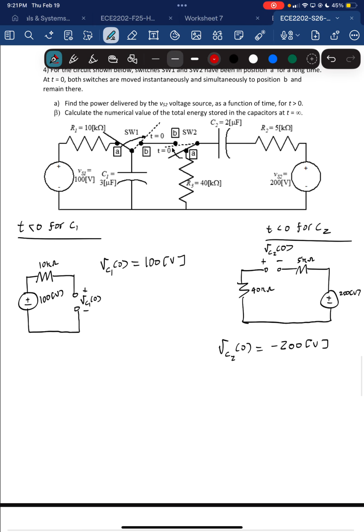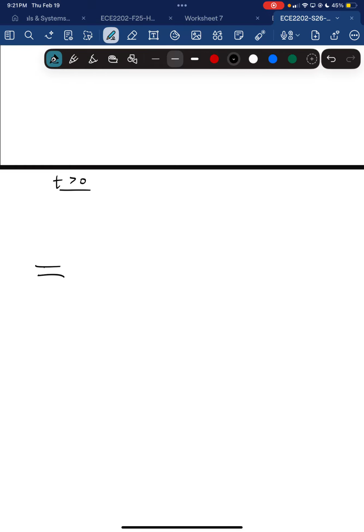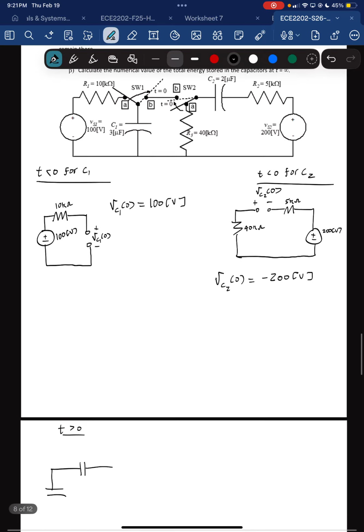So now we're going to redraw the circuit for t greater than 0. And so now this is our circuit.